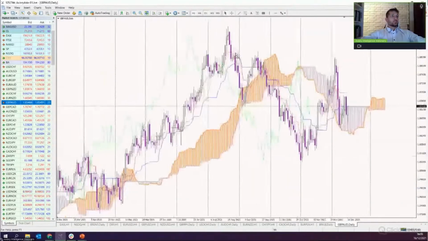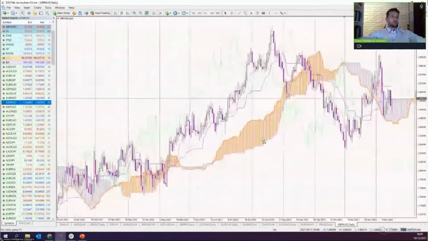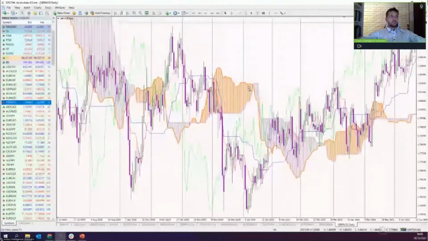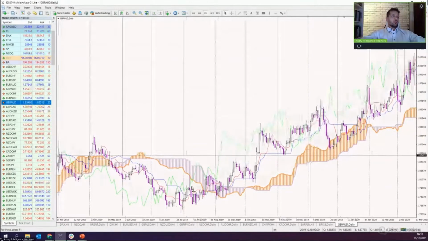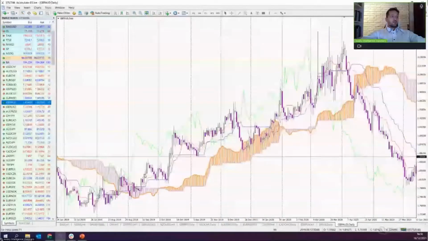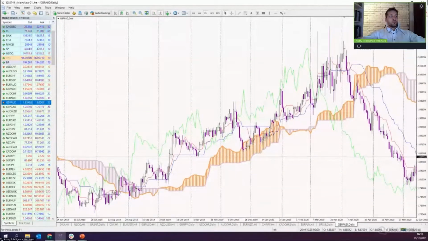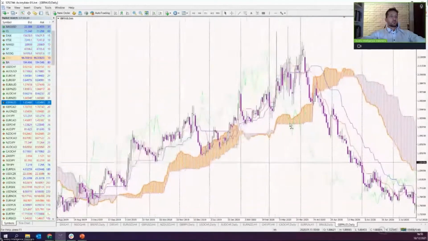Maybe let's go to D1. Why not? Let's move to the back and see if Kumo works as a support. Maybe let's start from here. We go up. Kumo here works as a support for a few months, December, January, works as support.